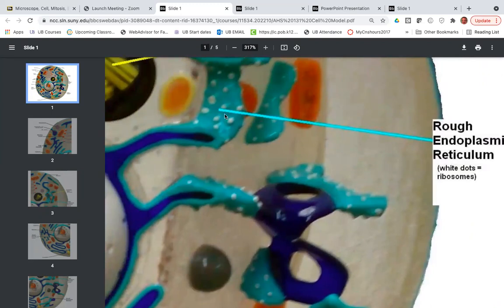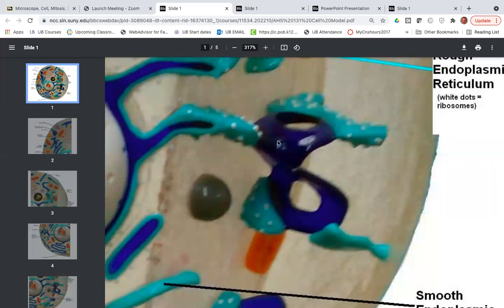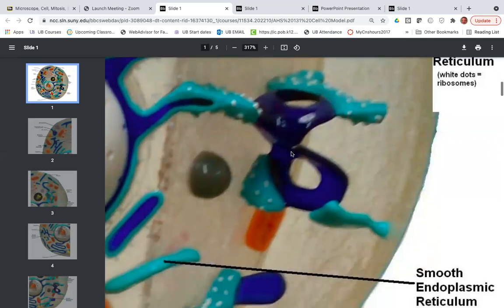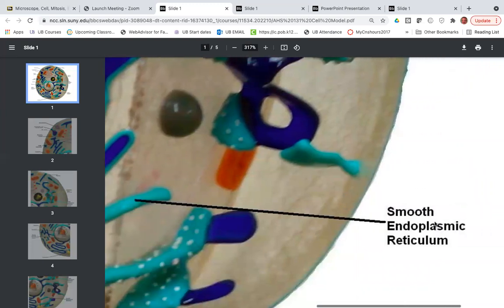But right here, this would be smooth. There are no ribosomes here, or even here. This looks very different than this. Down here is rough endoplasmic reticulum, but here there are no fixed ribosomes, so it's smooth endoplasmic reticulum.